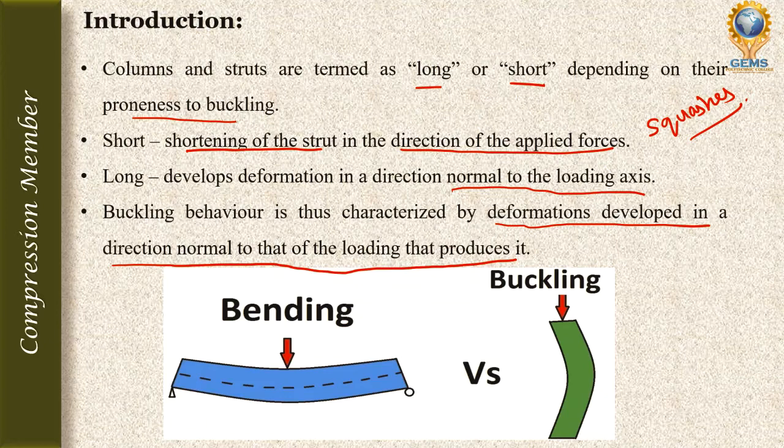In the diagram, if a beam is bent like this when a load is applied, we call it bending. In the same way, when the load is applied on a column, it will buckle. The column will bulge at one end. That is called buckling.